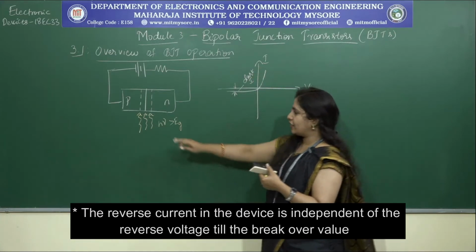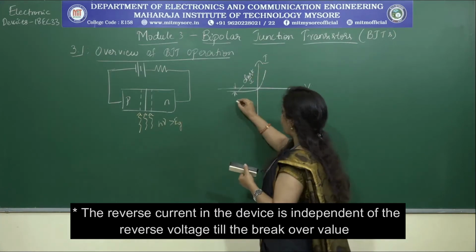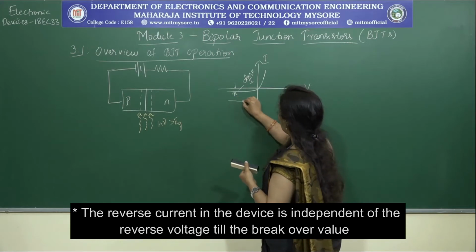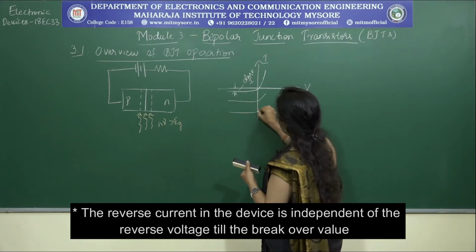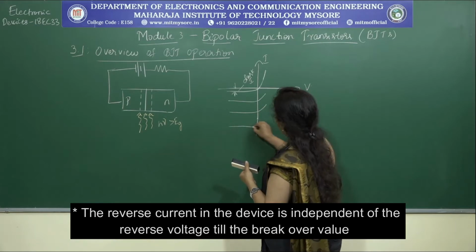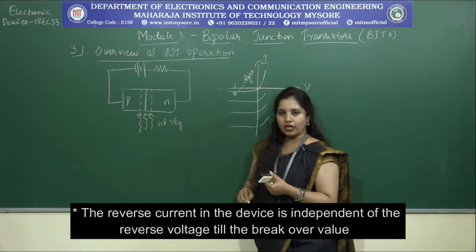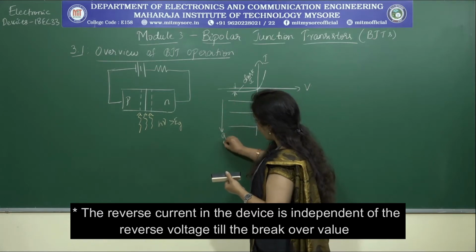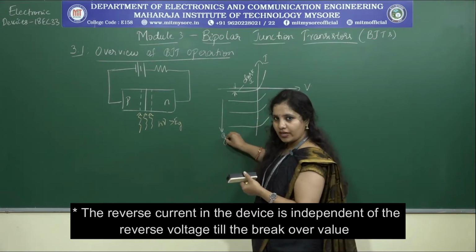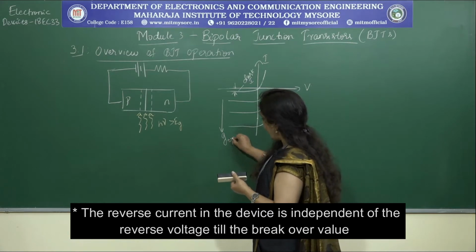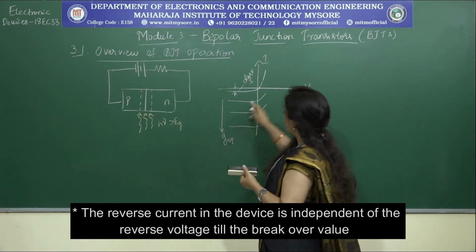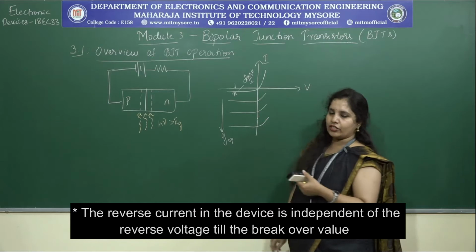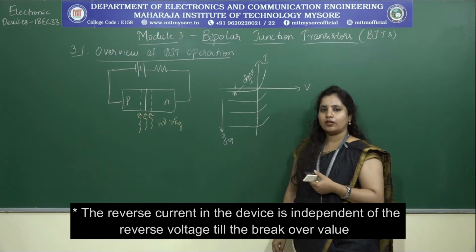Now, as I provide light energy, what happens? As I increase the amount of optical light incident, the reverse current also tends to increase, which indicates that as the generation of charge carriers, that is the EHP pairs, increases optically, the reverse current also increases.